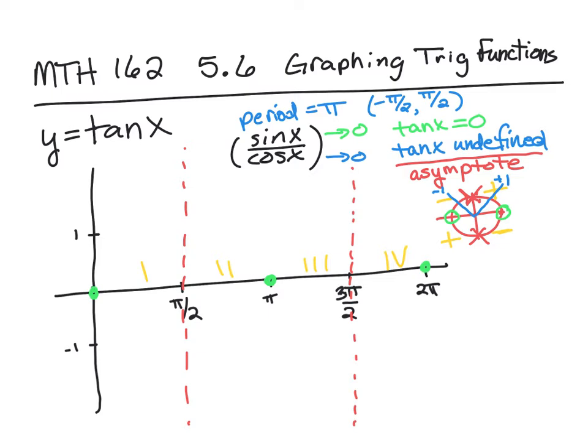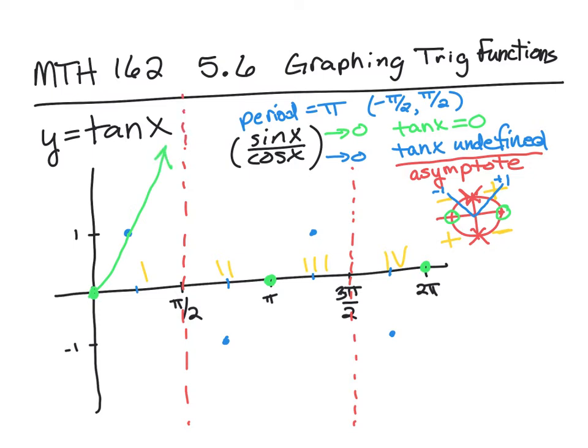I'm not going to mark these on the x-axis, but I'm going to put my 1s. And we know that in quadrant 1, the tangent is positive all the time. So from 0 through the 1, approach the asymptote.